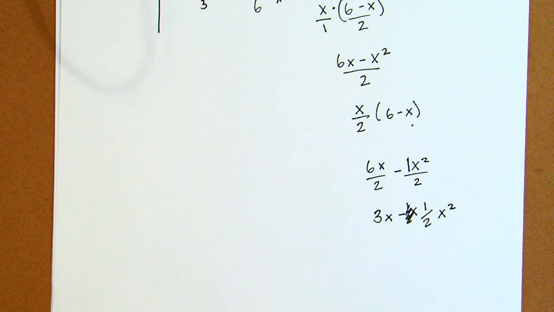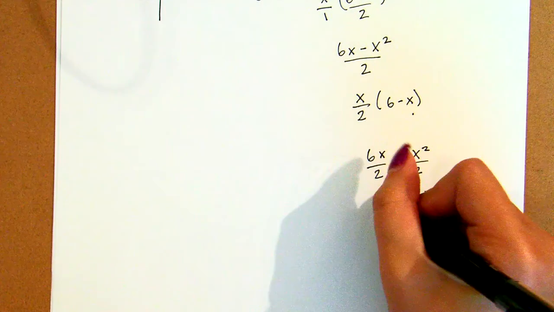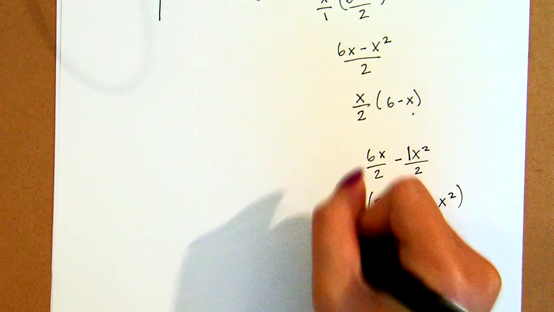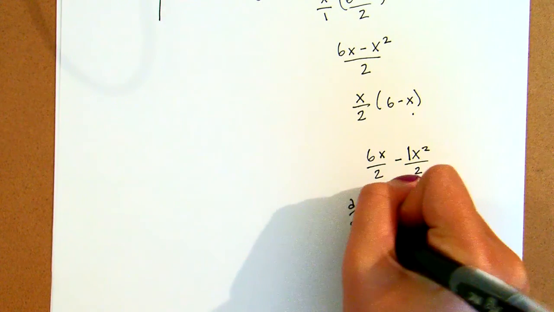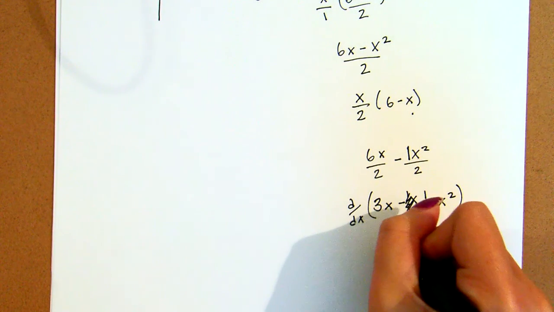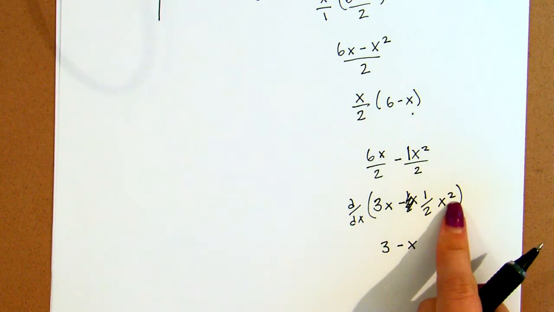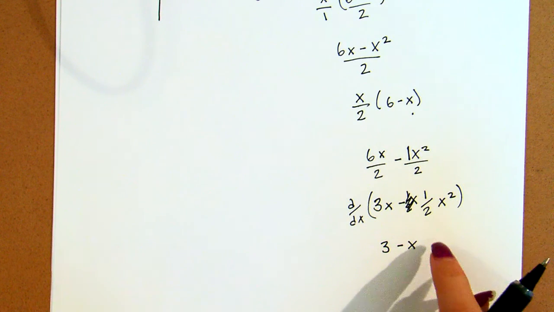Once you have your equation, you take the derivative and set it equal to 0. So it's 3 minus x, since you multiply the 2 times the 1/2 and it turns into 1.